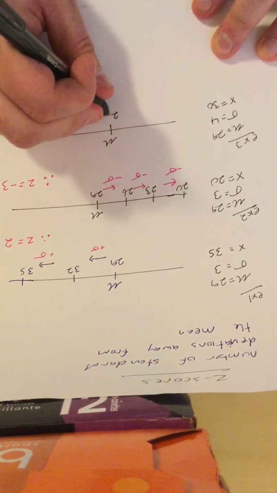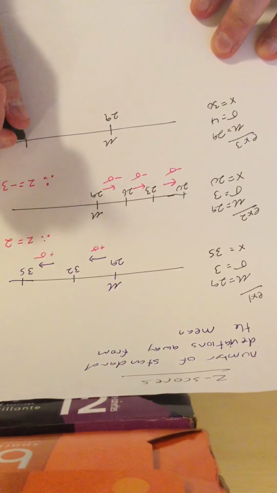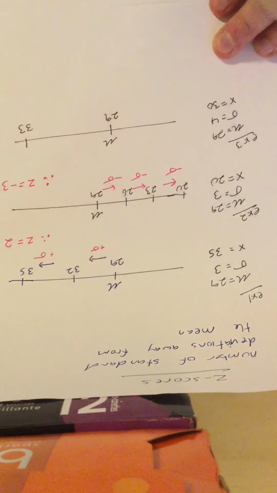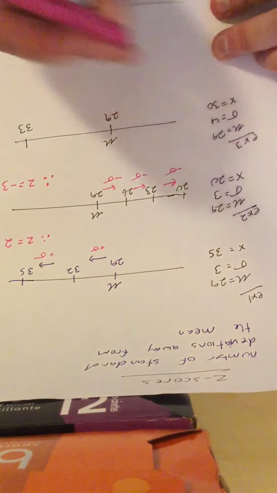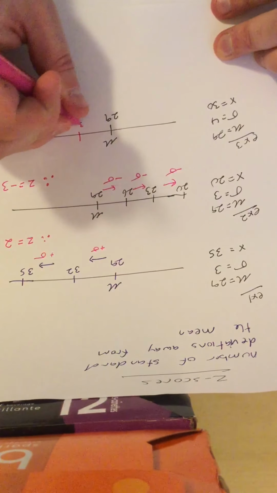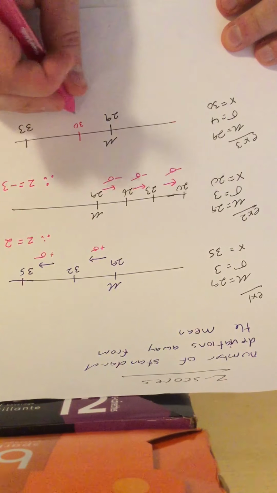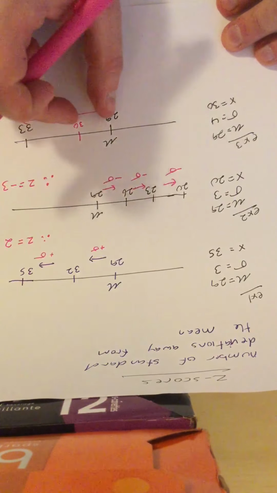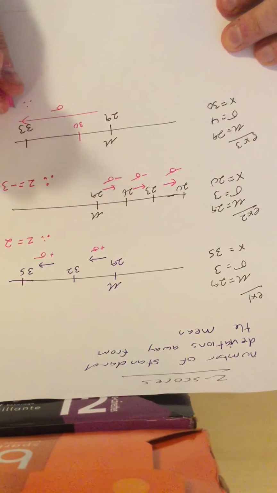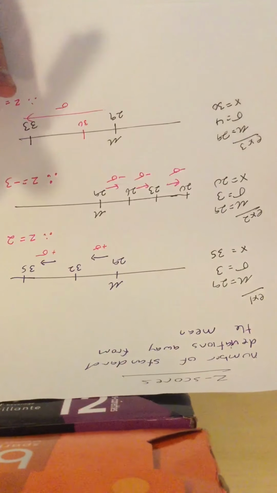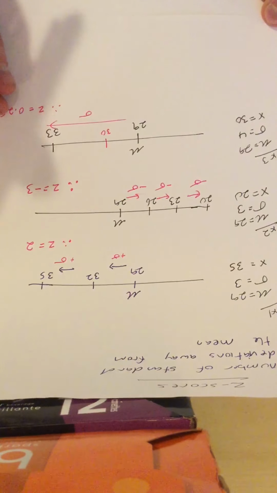In this case the mean is 29 and 1 standard deviation above would get us to 33, but we want the z-score of 30, and that's going to be a quarter of the way over there. So z would be equal to positive 0.25. It's a quarter of a standard deviation above the mean.